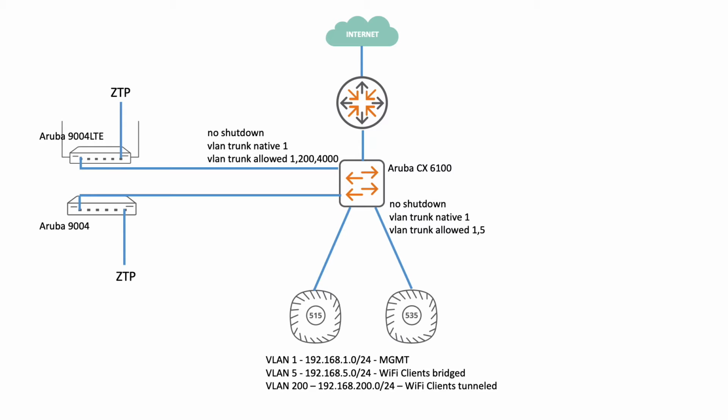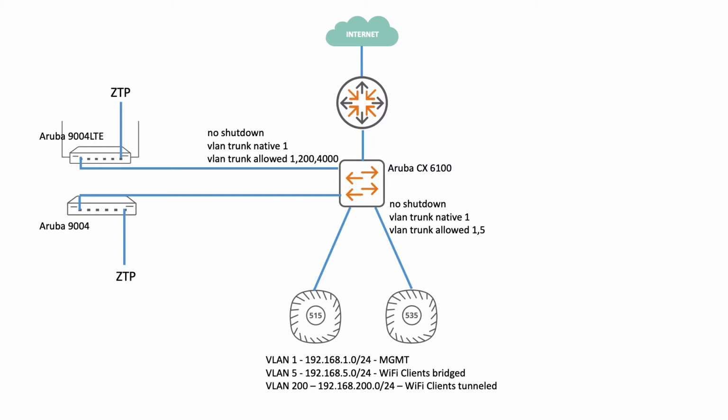It's a good idea to do it like this, because if you want to do everything on that same trunk port that you connect to the CX6100 switch, it can be hard to get rid of the ZTP config that is used, so the VLAN 4094 and the access mode.